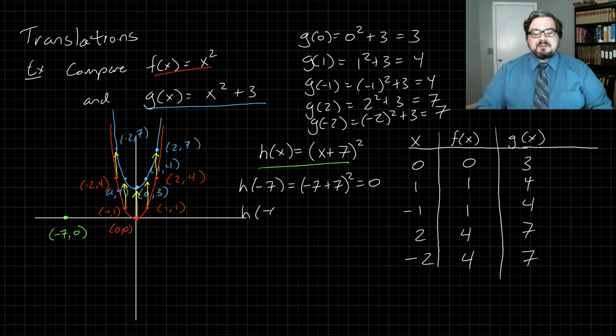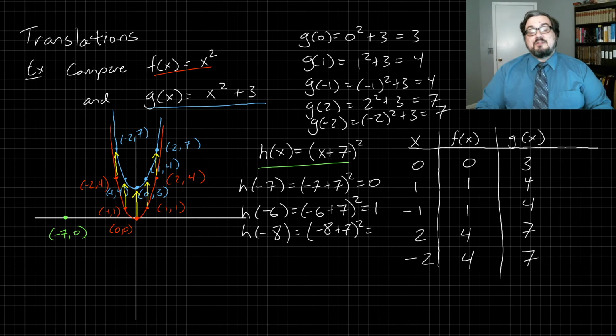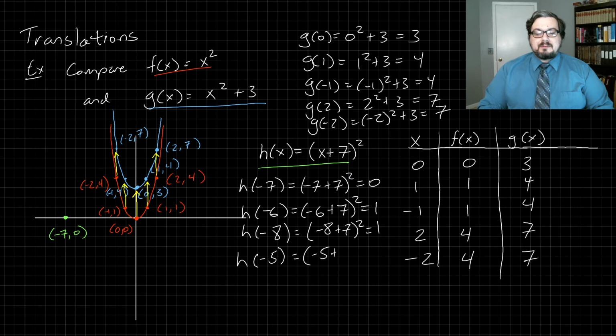Furthermore, we have h of negative 6 is equal to negative 6 plus 7 squared. Now negative 6 plus 7 is 1, and 1 squared is 1. h of negative 8 is equal to negative 8 plus 7 squared, which is negative 1 squared, which is again 1. h of negative 5 is negative 5 plus 7 squared, which is 4.